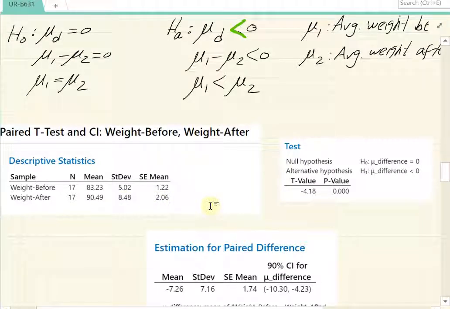And of course, our test hypothesis here, null hypothesis, the average difference is 0, meaning no difference, against the alternative less than. Our p-value, Minitab rounds it to 3 decimals. To 4 decimals, I believe this turned out to be 0.004, something like that.